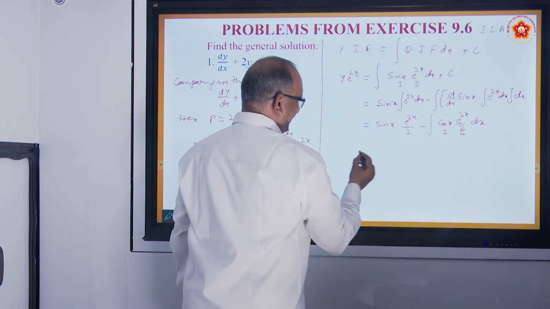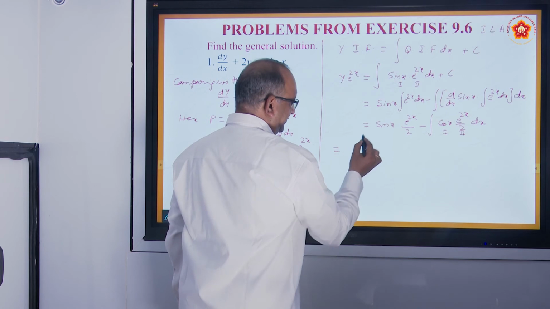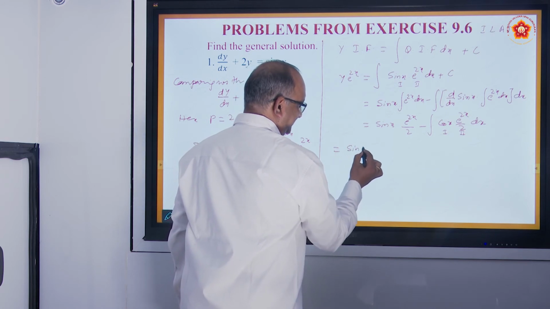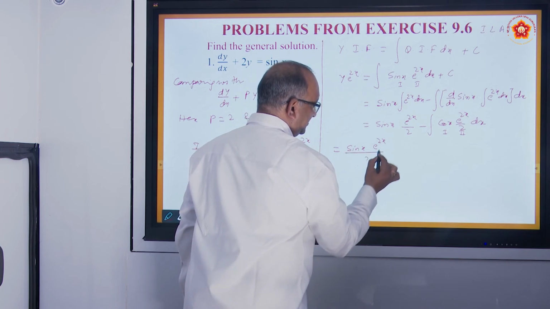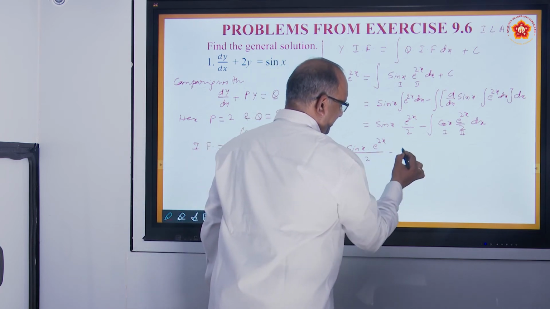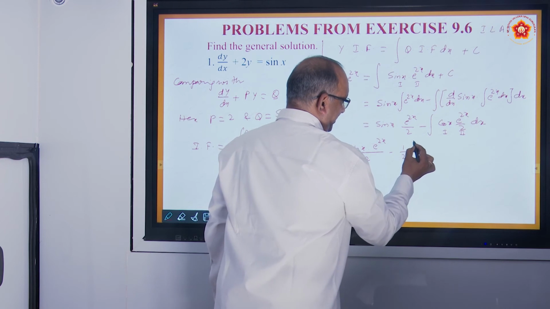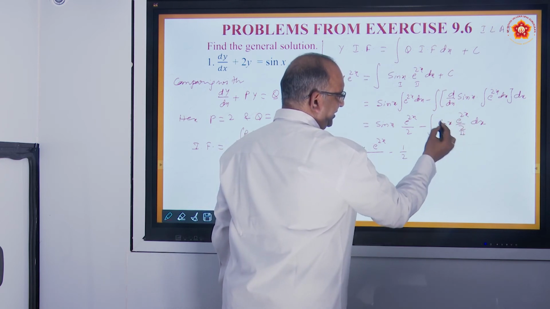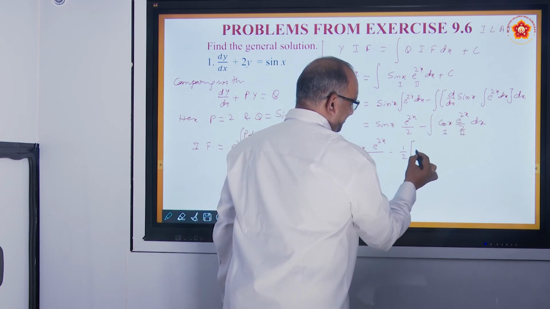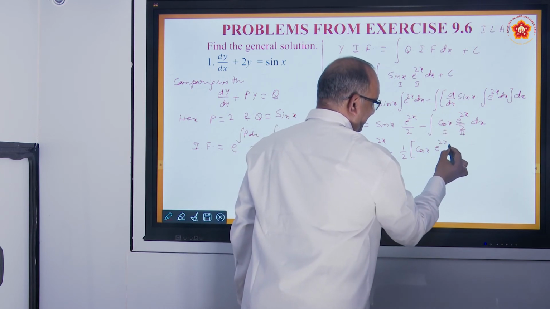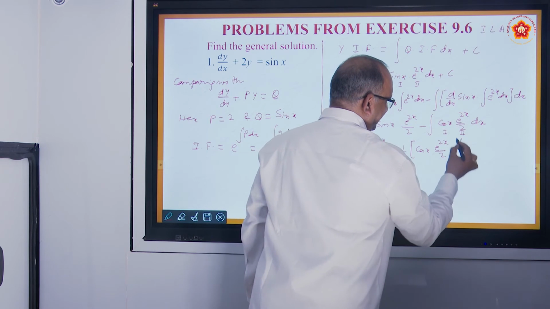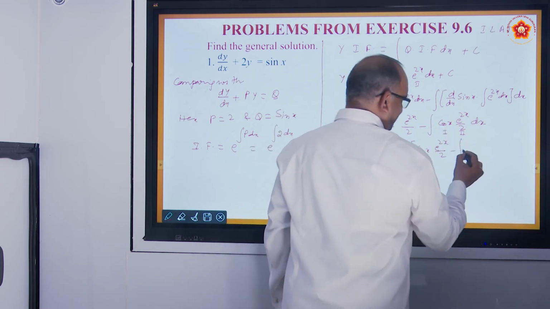So if you follow the same procedure, this will be the first term, this will be the second term. So this can be written as sin x into e to the power 2x by 2 minus 1 by 2 can be put outside. And how do you integrate? Cos x is the first term. So first term into integral of second, which is e to the power 2x by 2, minus the integral of the derivative of cos x, which is minus sin x.